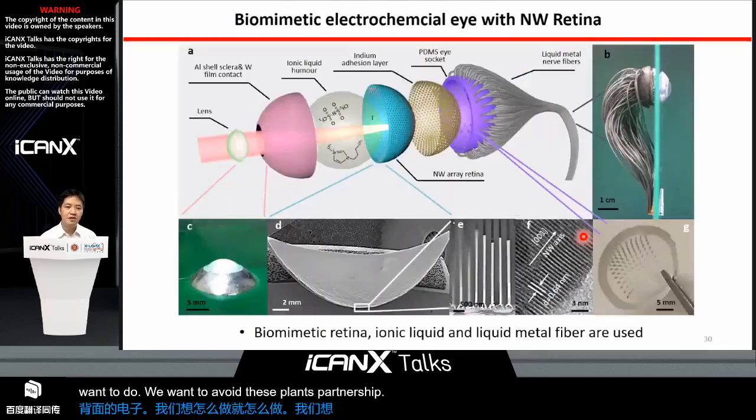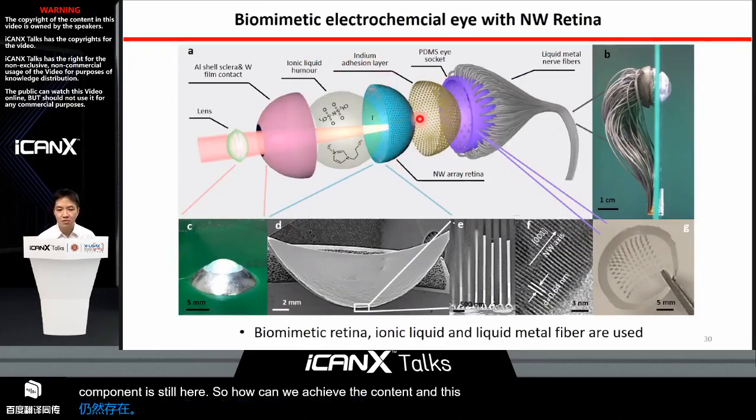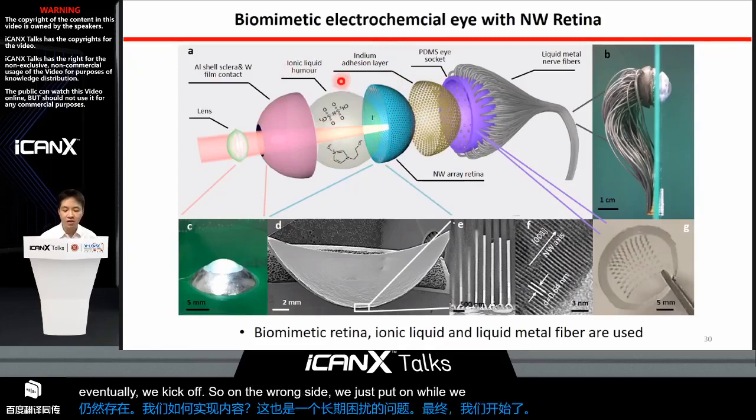So here's a detailed structure of our biomimetic eye. The core component is still here, the nanowire retina. So how can we achieve the contact? This is something that also bothered us for a long, long time. And eventually we figured out how to do it. On the front side, we drop this ionic liquid. Ionic liquid is a liquid, of course, right?